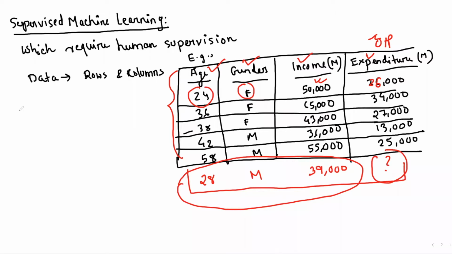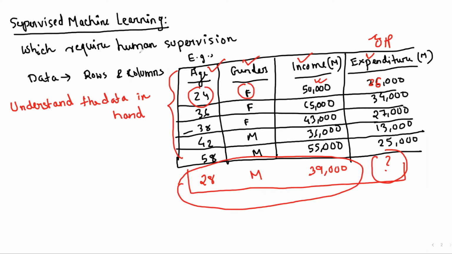What we do in machine learning is we understand the past data, whatever data we have in hand. So let's say this is the data that we have in hand.